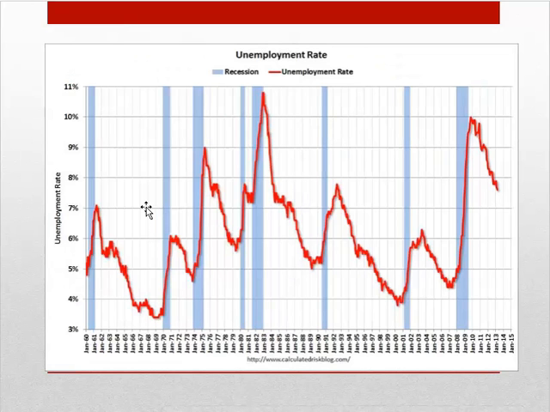If we look at the unemployment rate over time, we can see that it's definitely swung around a little bit. Notice that this graph is a little bit misleading, maybe because it doesn't go all the way down to zero. But the shaded regions are regions of recessions, and we can see that the unemployment rate rises during recessions. No surprise there.